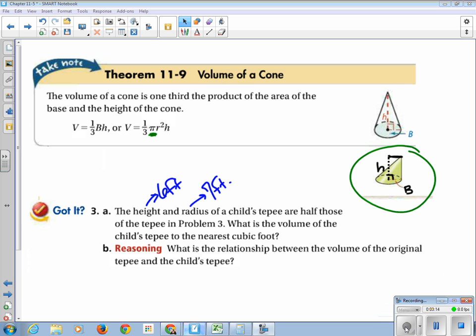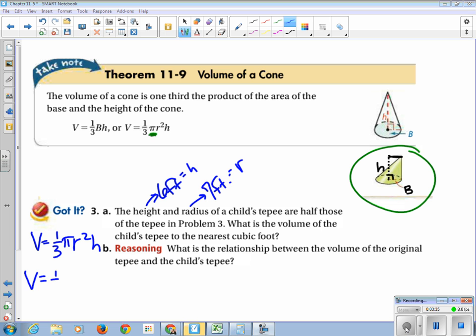We want to find the volume of the child's TP to the nearest cubic foot. So we're going to take the formula, 1/3 pi r squared h, and plug in 6 for h and 7 for r. 1/3 pi 7 squared times 6.